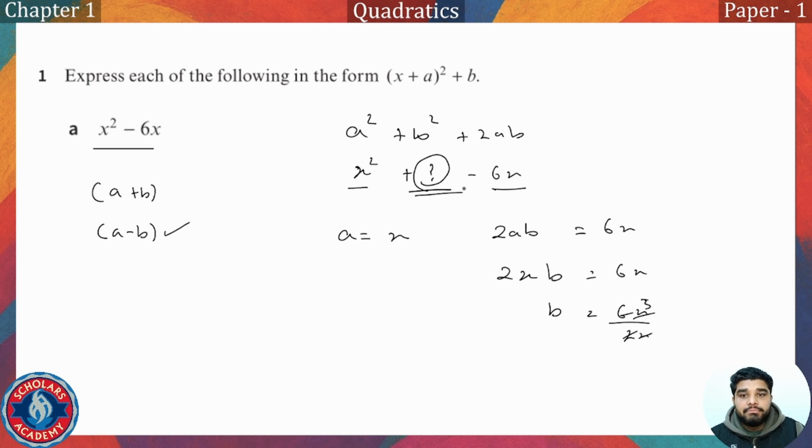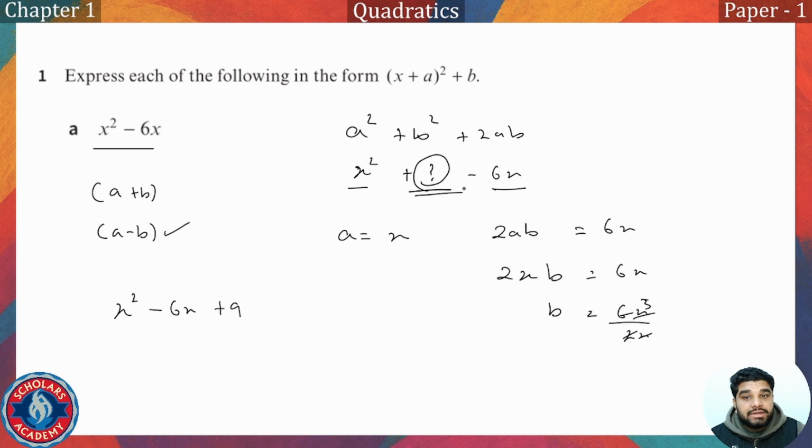Okay, but we can't randomly add 9 to an equation. To keep the equation the same, what we'll do, x square minus 6x plus 9 will complete this square, right? So we got the formula of a minus b whole square, where a is x and b is 3.